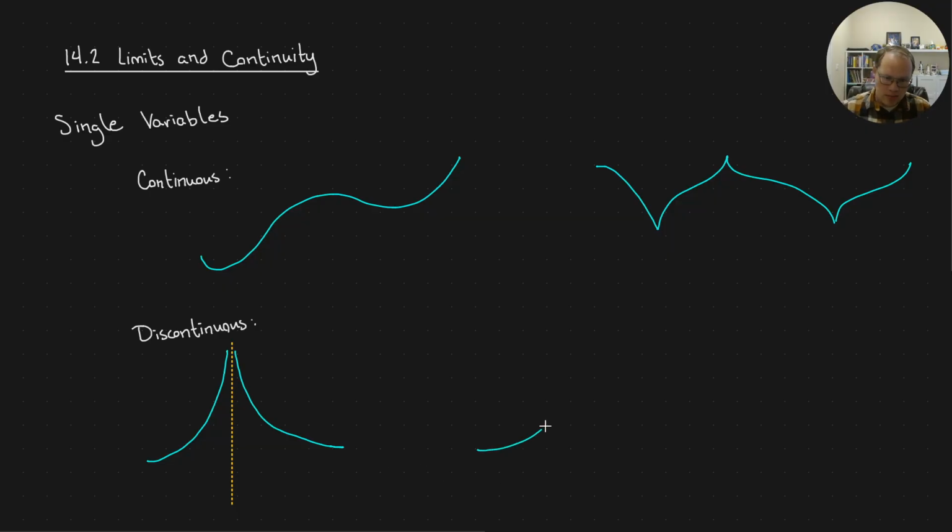Or maybe I have a hole or a break entirely. All right. So these are all examples of discontinuity. Now I want to emphasize that technically these functions are discontinuous only at a single point. Only at the point where the break is is the function discontinuous.